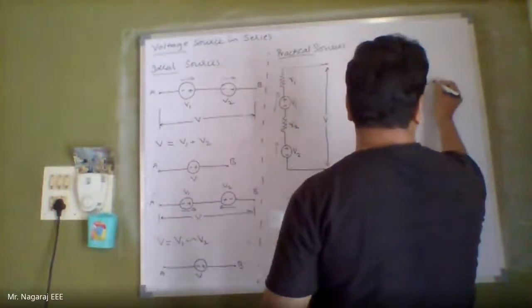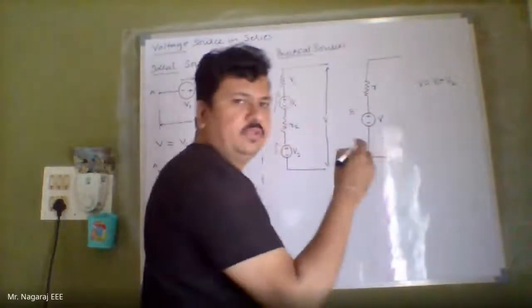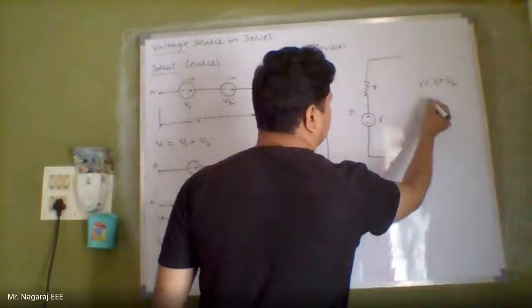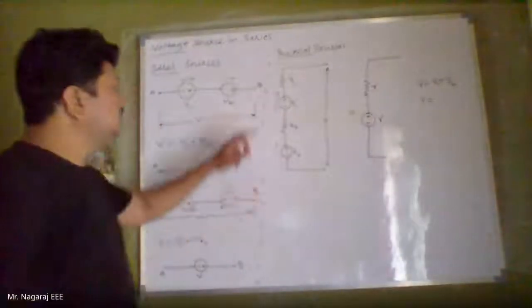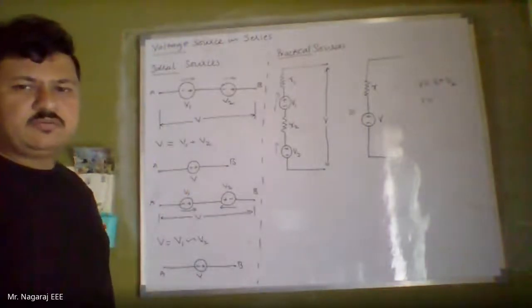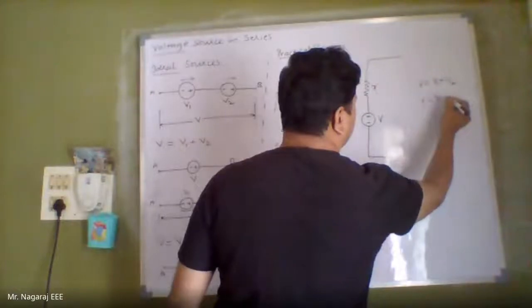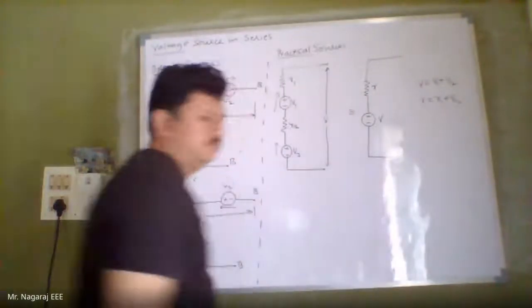So V is equals to V1 plus V2 and R. See, the resistances R1 and R2 fall in series. Therefore, it is simply the sum of two resistances. R is equal to R1 plus R2.